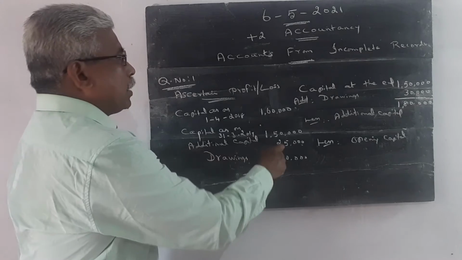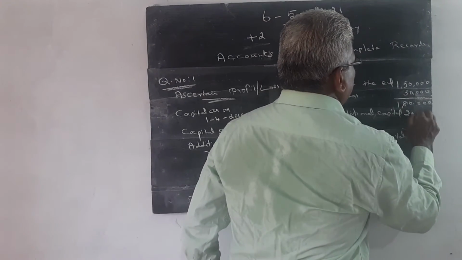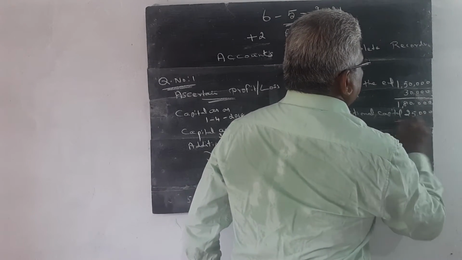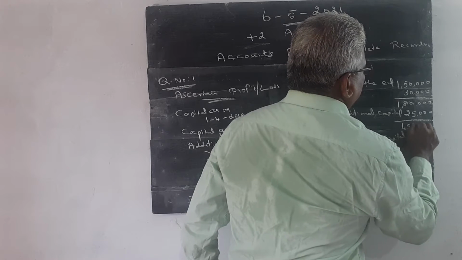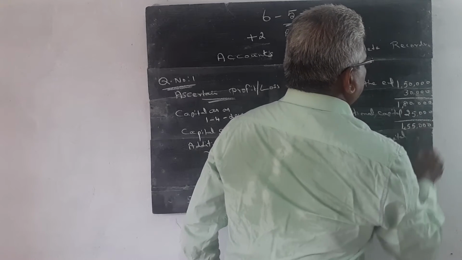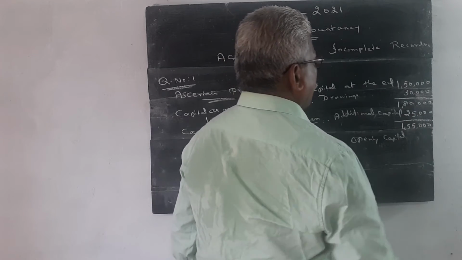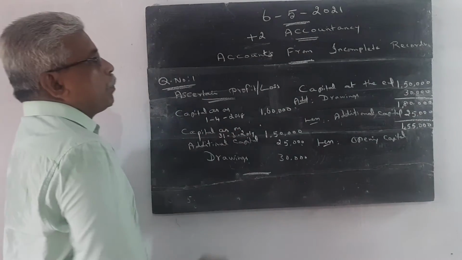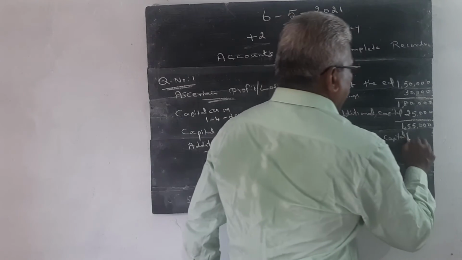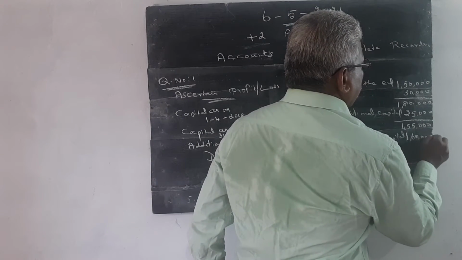Then additional capital 25,000. 1,80,000 minus 25,000 is equal to 1,55,000. Then opening capital is equal to 1,60,000.